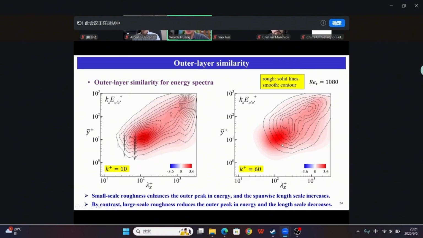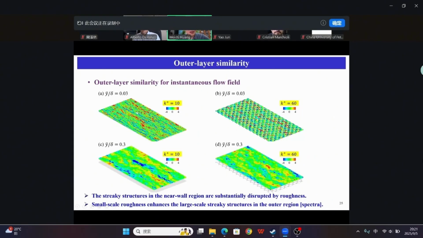Then we check the instantaneous field of these two heights, and we can see for the small K, near the wall there is the streak structure, and in the outer layer there are very large scale motions. But for the larger K plus, the near wall low speed streaks are disrupted by the roughness.